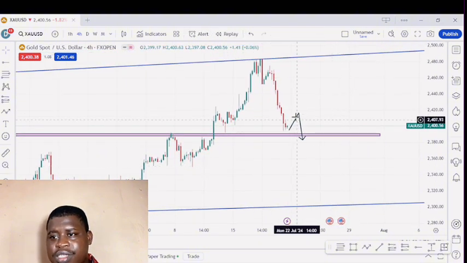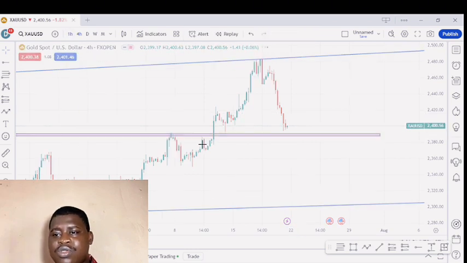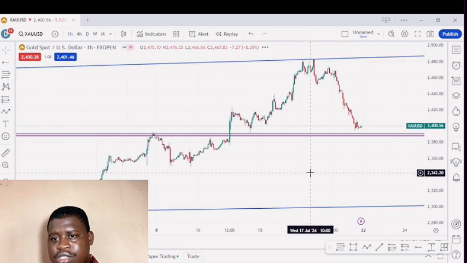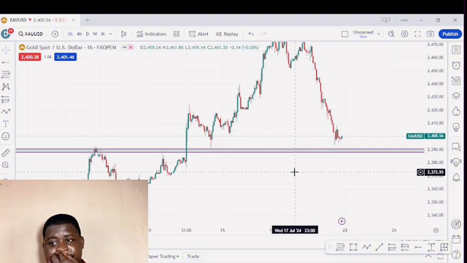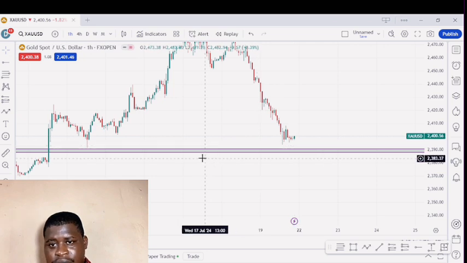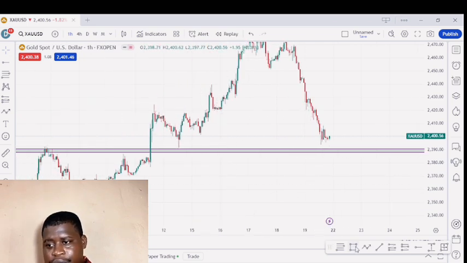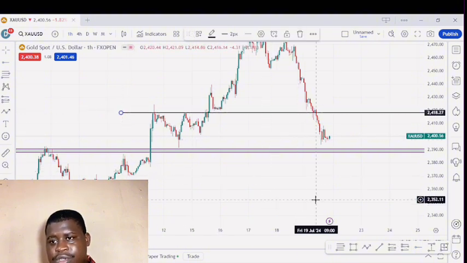So I will delete this and this. So I will scale down to the 1 hour time frame just to see what is happening, so you can find your trading opportunity here. Okay, this is too linear to even decide what will happen here. So first of all, there is a level here, left shoulder.